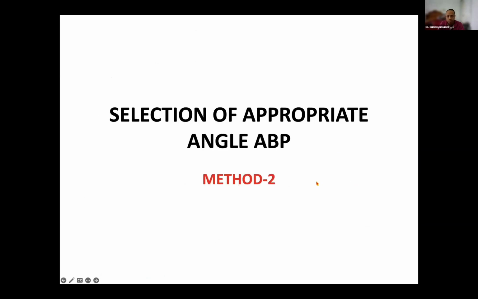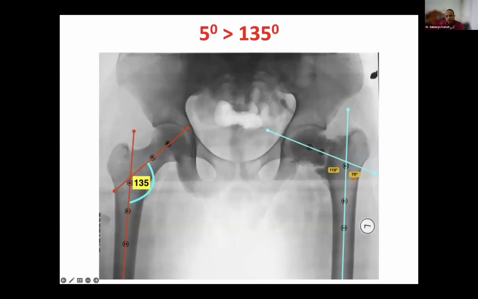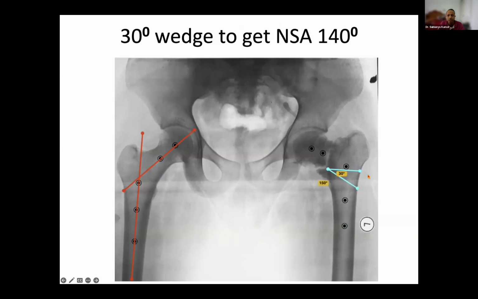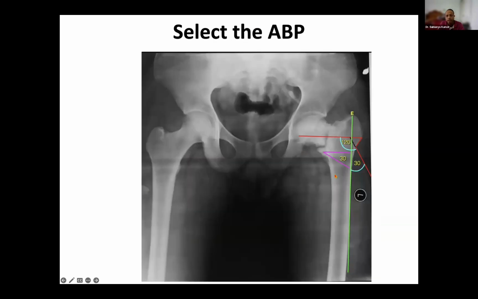Now there is a method too. There is a graphical method we can use to find out. You first find out the next angle and the desired angle you want to achieve, which is 5 degrees more than the 130 degrees. Then you select the amount of wedge you want to take, and then your chisel path.